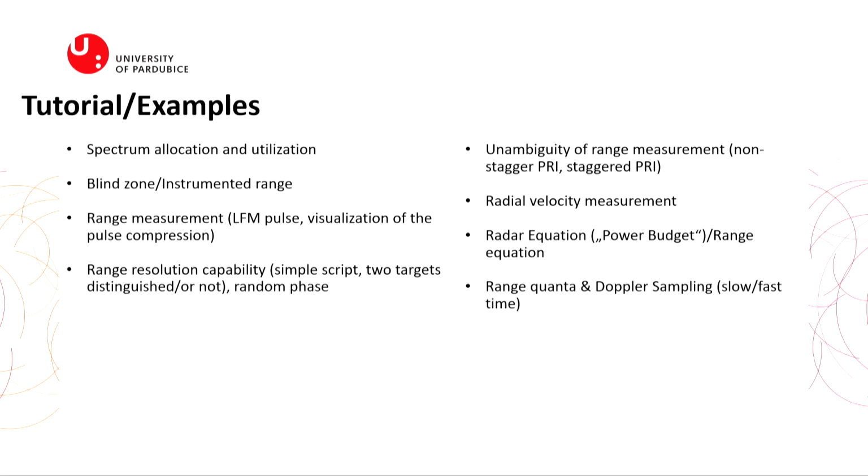Then we will discuss blind zone, instrument range. It is relatively easy. Then range measurement, I will show you results for rectangular pulse, LFM pulse, it means linear frequency modulated pulse, and visualization of pulse compression. So it will be like a comparison of these two pulses.